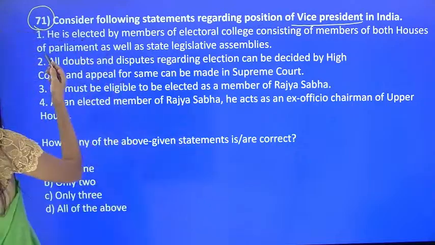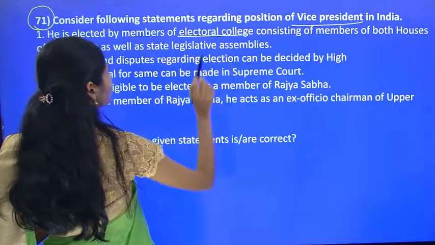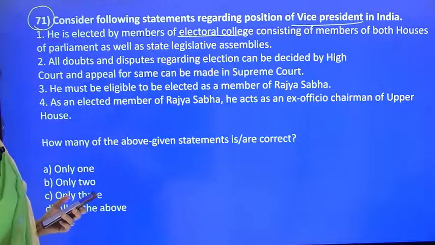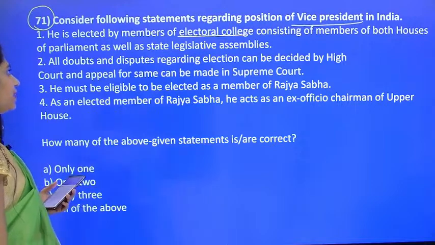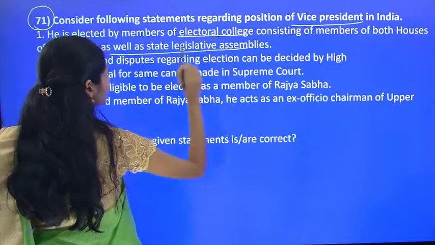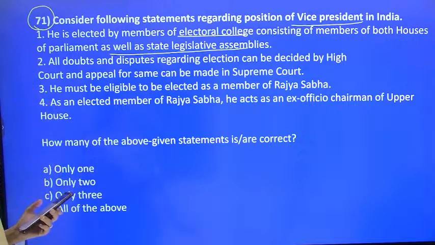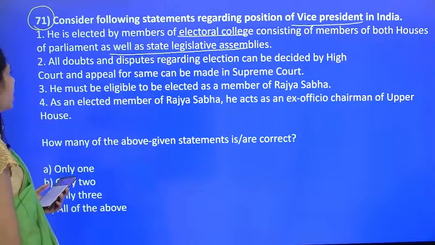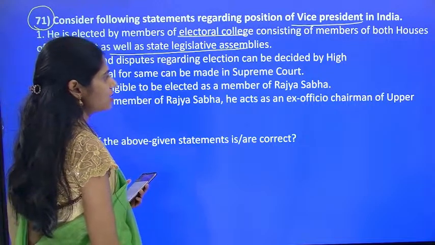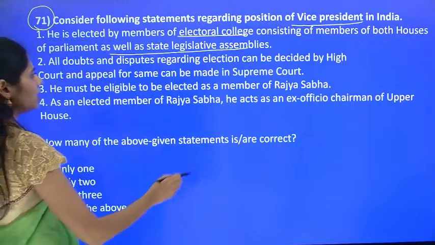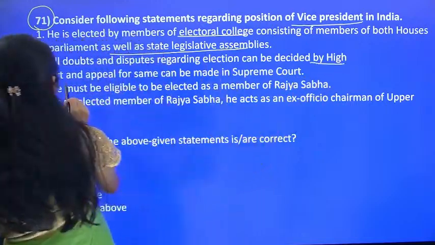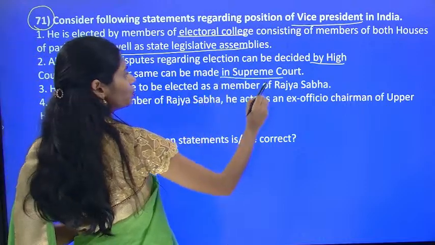The first statement is, he is elected by members of Electoral College consisting of members of both houses of Parliament as well as state legislative assemblies. The second statement is, all doubts and disputes regarding elections can be decided by High Court, and appeal for the same can be made in Supreme Court.